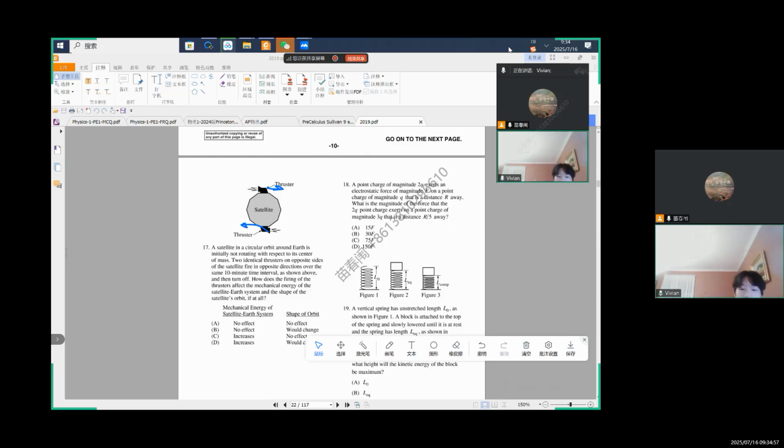Wait, this wouldn't increase the energy in the satellite Earth system, right? Because it's just adding energy to the satellite, not into the system. So then it would be A.